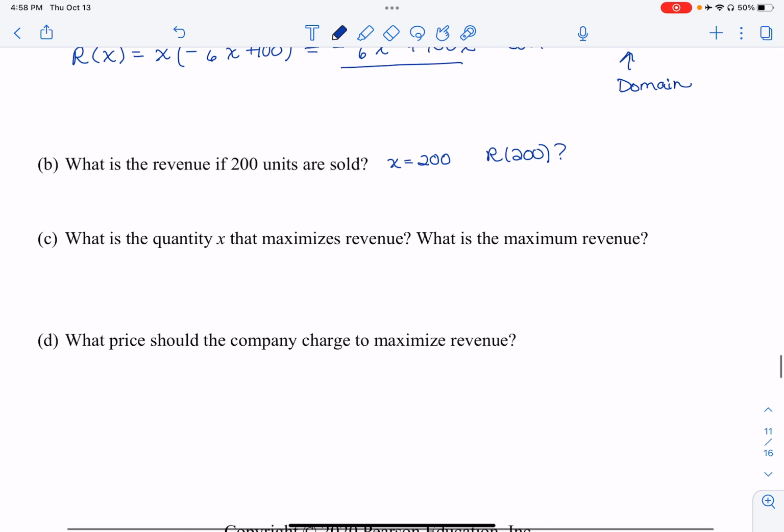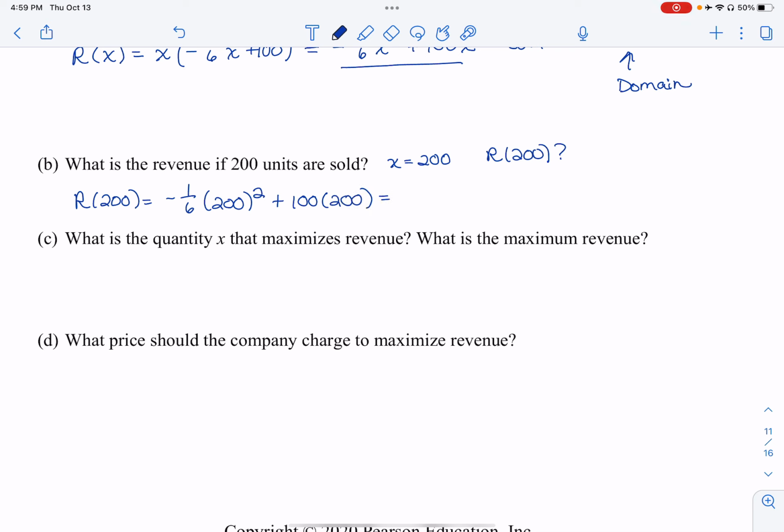Alrighty. So if we substitute that in, we have R of 200 is equal to negative 1/6 times 200 squared plus 100 times 200, which is going to give us negative $6,666.67.